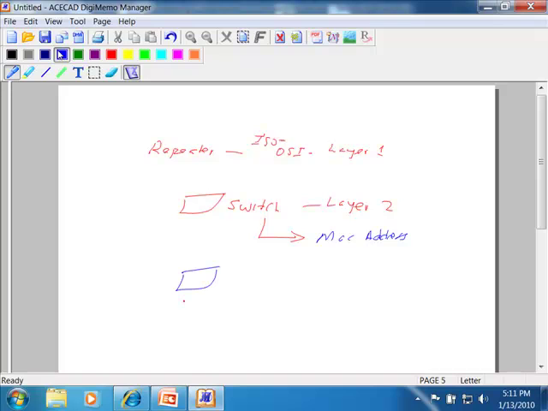Now if you talk about routers, it is layer 3. It routes data based on IP address. So one is layer 1, layer 2. If you look at the ISO OSI layers, they are the bottom level right now.